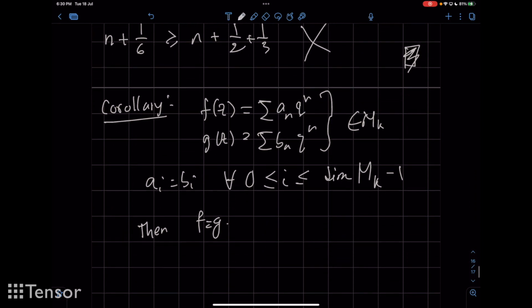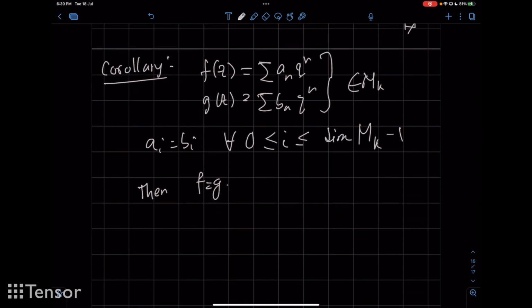All right. So we have proven a very significant fact: knowing only the first d coefficients is enough. This also illustrates a very interesting fact, that the first d Fourier coefficients are independent, and the rest of the coefficients are dependent on the first d coefficients.